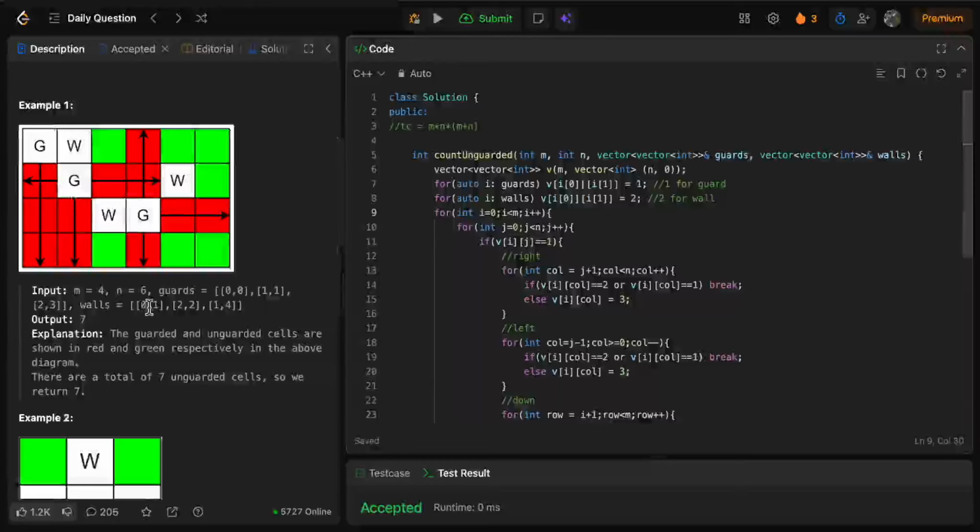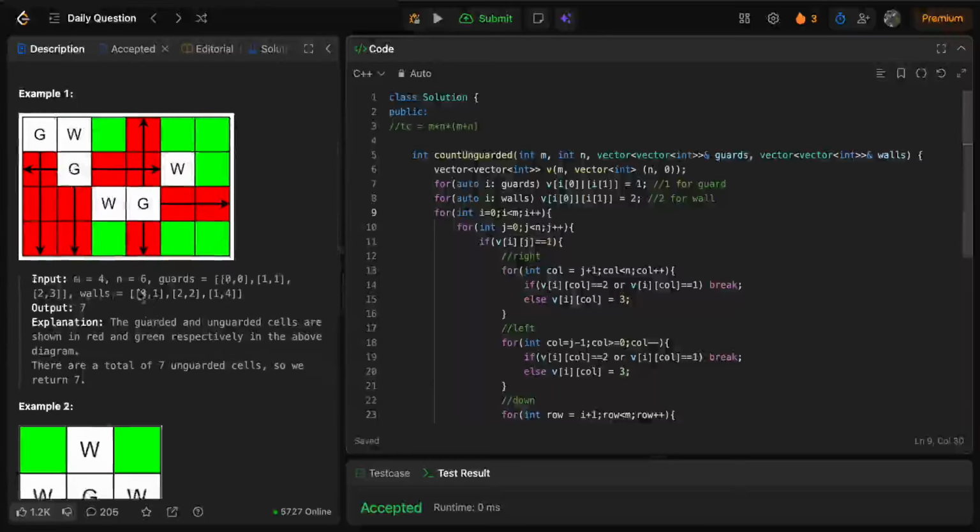The first example is given: m is 4 and n is 6, the guards are present in cells 0,0, 1,1 and 2,3, and the walls are present at 0,1, 2,2 and 1,4. This guard can see up, left, right and down. This one can see only down, because the other directions are out of the matrix.